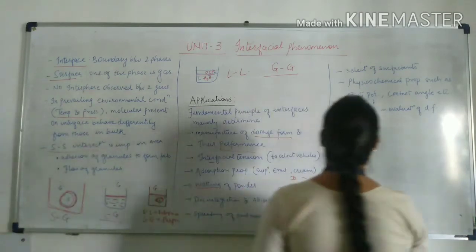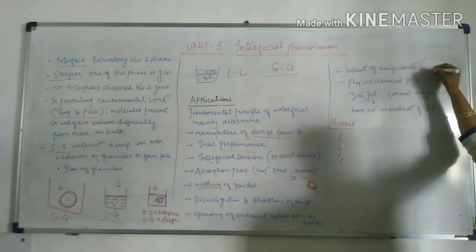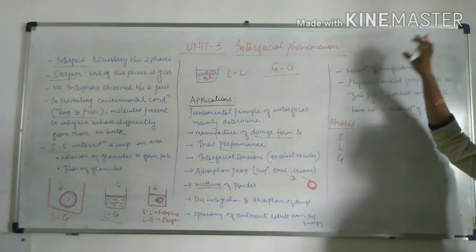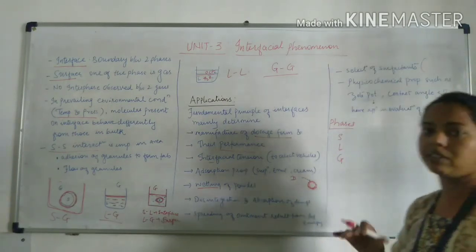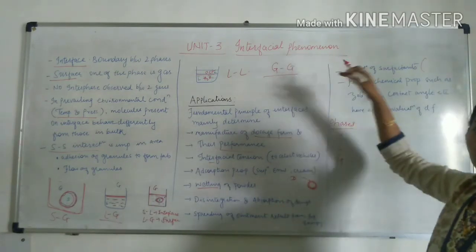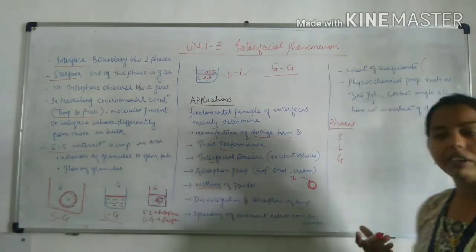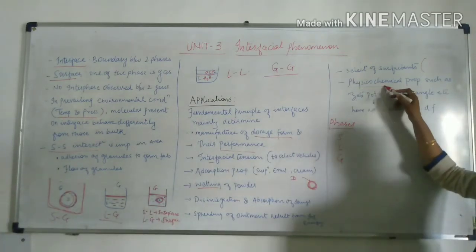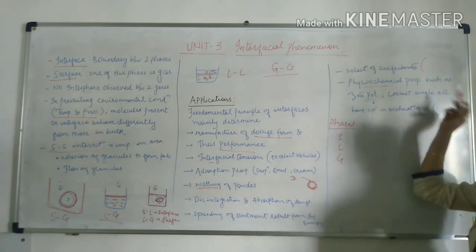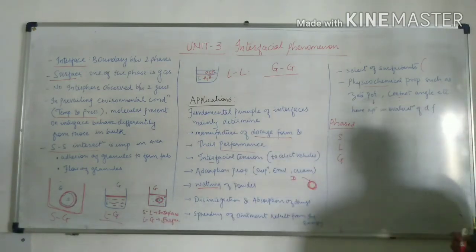Then selection of surface active agent in the formulation, like suspension and emulsion. In that case we will select the surface active agent based on the interfacial phenomena or interfacial behavior of the immiscible liquids. Then certain physicochemical properties such as zeta potential, contact angle, etc.